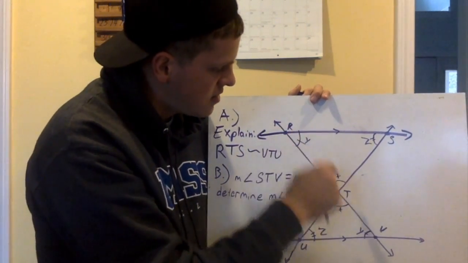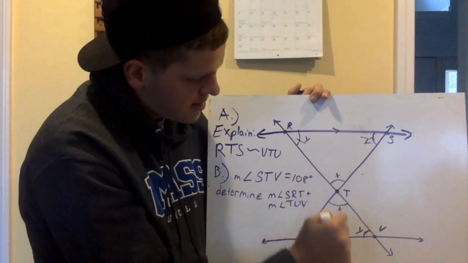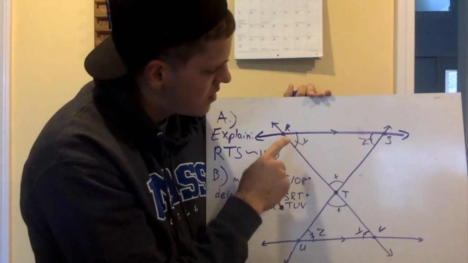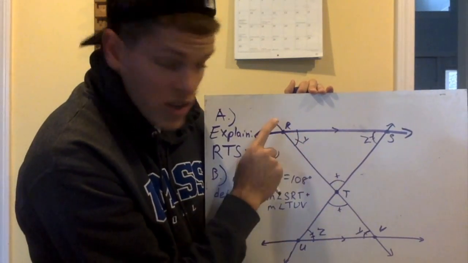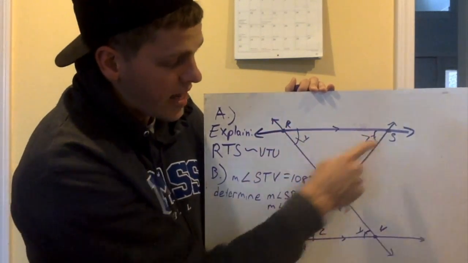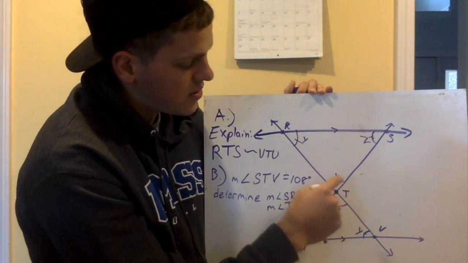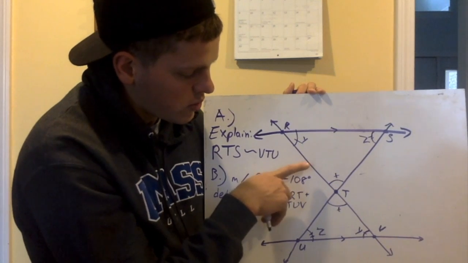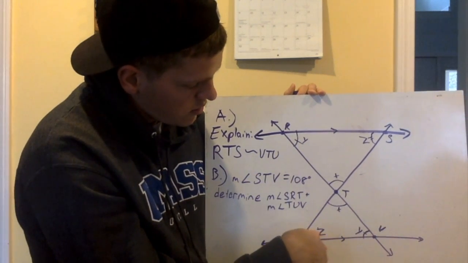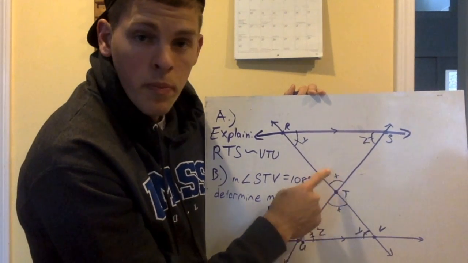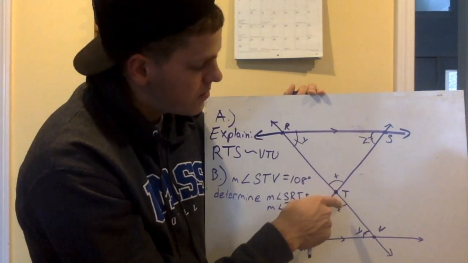So I'm trying to explain and prove that RTS is similar to VTU. RTS is similar to VTU because our angle RTS, or in this case X, is congruent to angle UTV, or X, based on vertical angles.